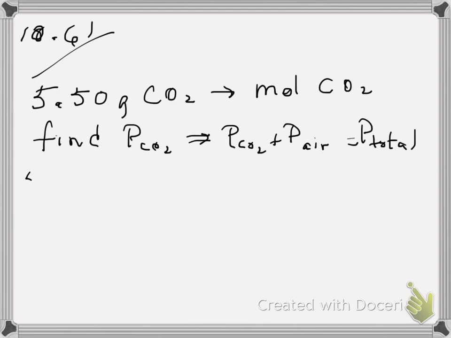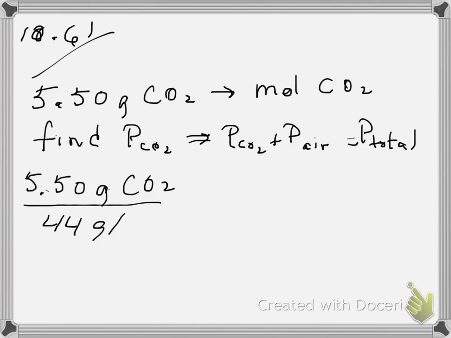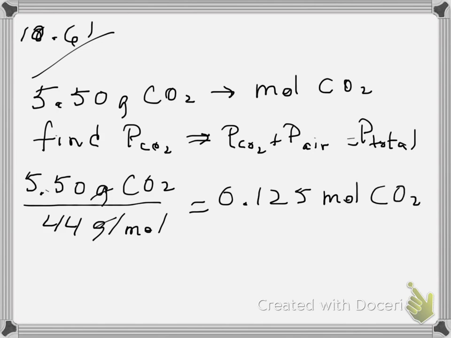So if we start with 5.50 grams CO2, divided by 44 grams per mole of CO2, the grams cancel, and that's going to give me 0.125 moles carbon dioxide.